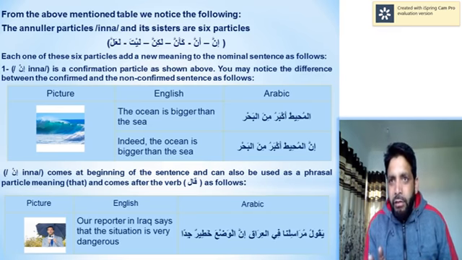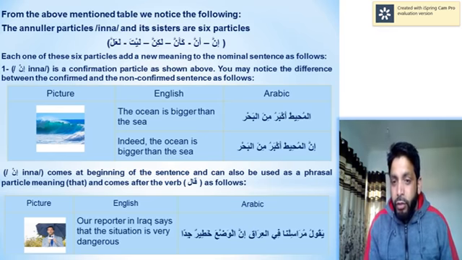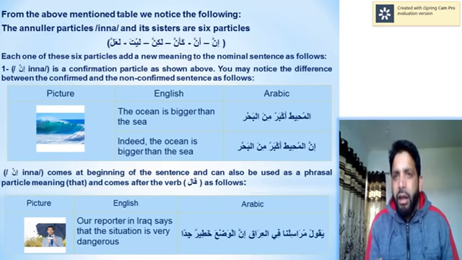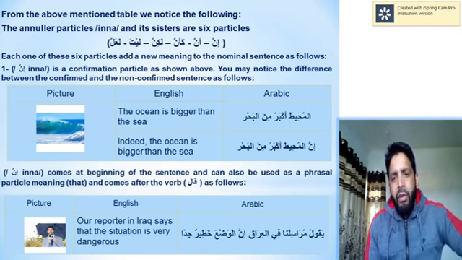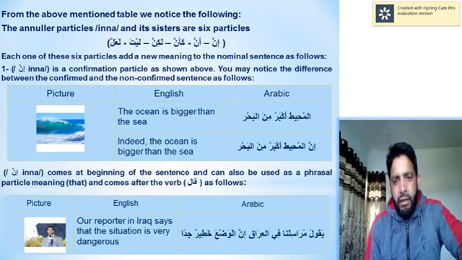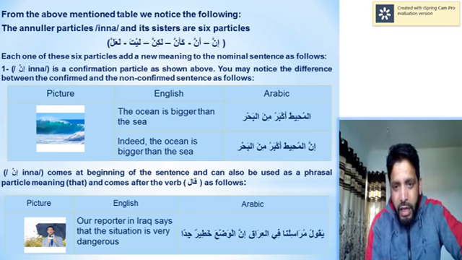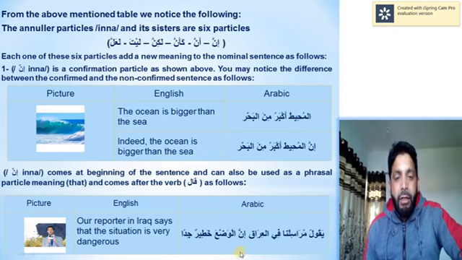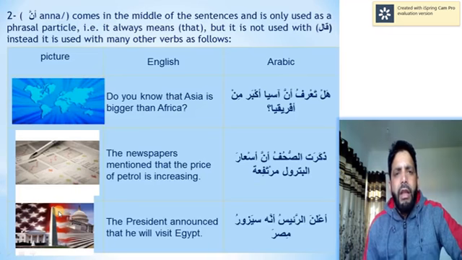So inna is used in the beginning, but when it is preceded by certain verbs, and among those is qala, or all narration forms, we use inna in the middle as well. That's why in this sentence we see inna in the center here. Why? Because the sentence begins with qala yaqul. Okay, so this you have to remember.